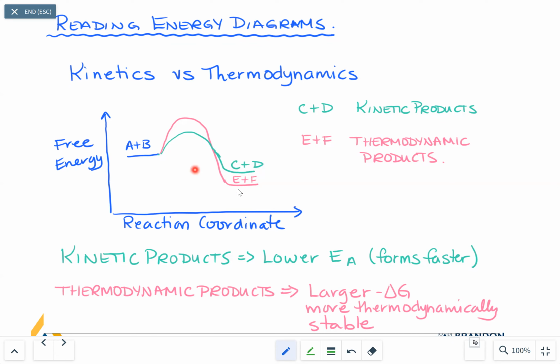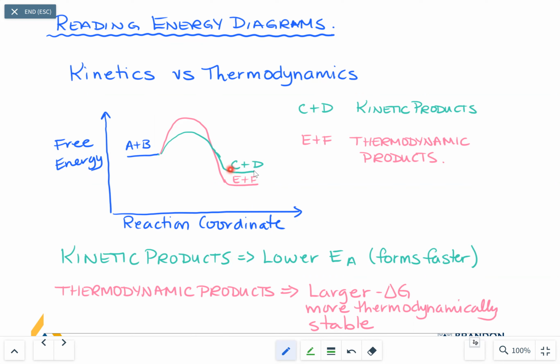But if in an energy diagram like this, let's say A and B can make two different sets of products. The product which is lower in energy would be what we call the thermodynamic product because it is lower in energy and it is more technically stable.